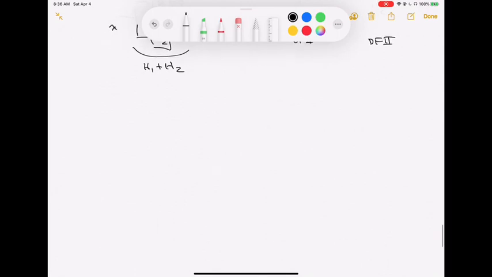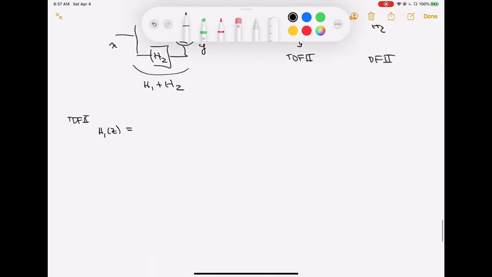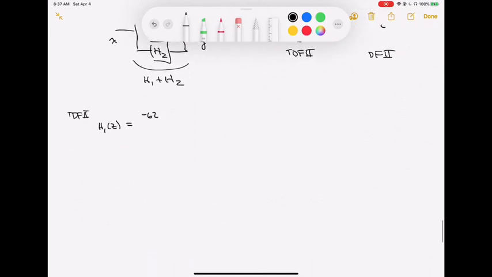So I'm just going to remind myself over here as to what these different pieces are. h1 of z, which we said we were going to do as a transposed direct form 2, is equal to minus 6z minus 15/4, all over z minus 1/2.